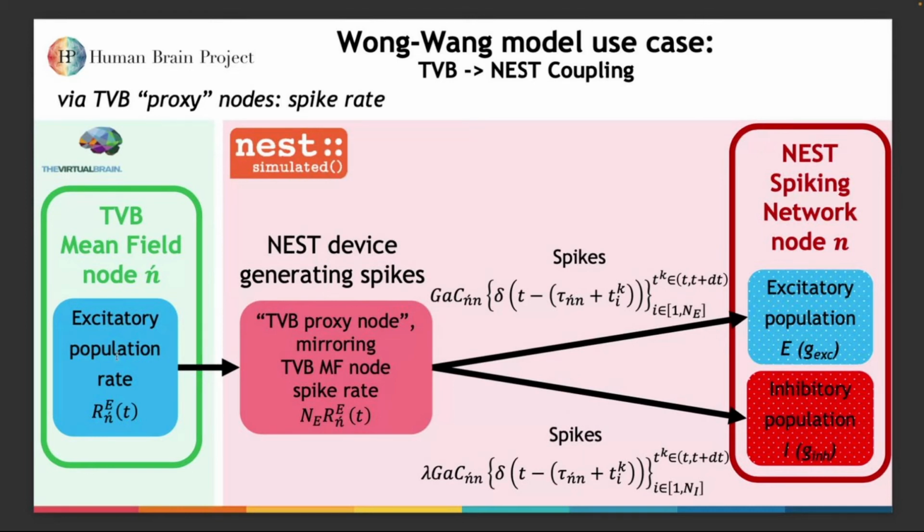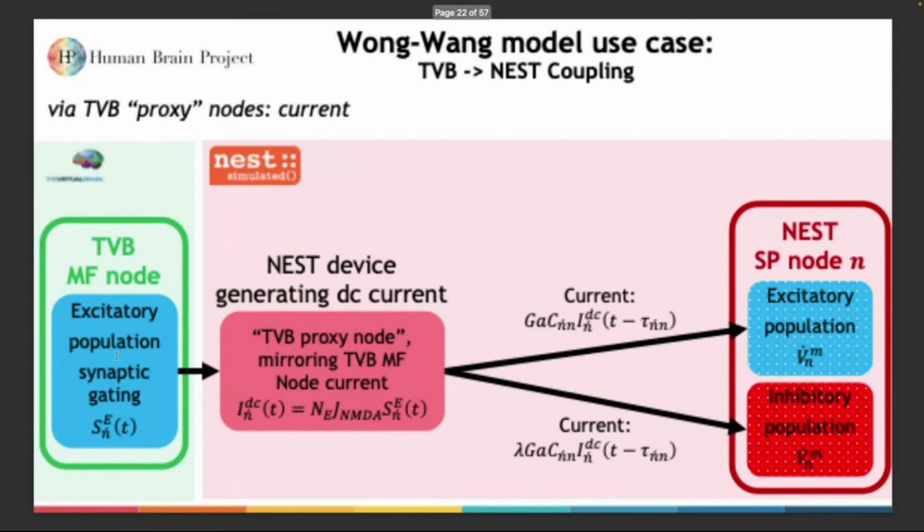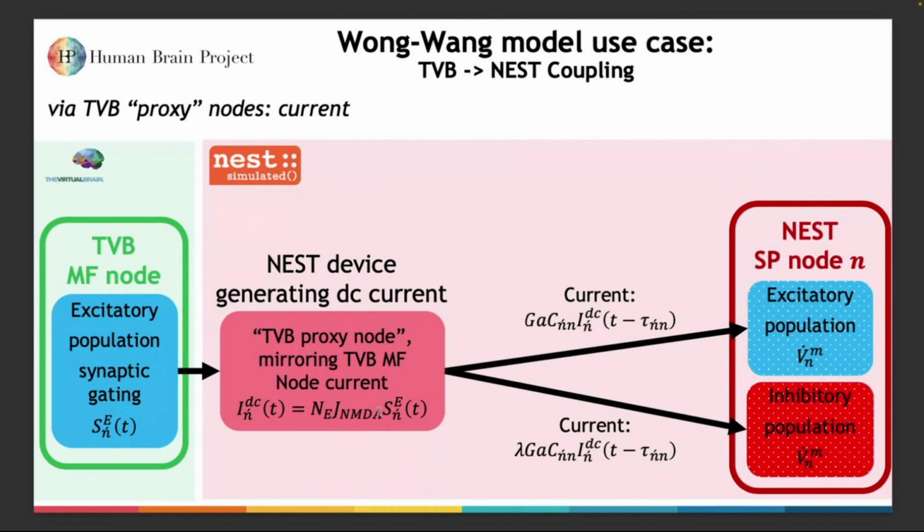Another way, as we said, would be to instead send currents. So we send actually the synaptic gating variable in the transformer. We actually multiply to make it a current. And then we actually use a Nest device generating DC currents instead of spikes. And similarly with weights and time delays based on TVB connectivity.